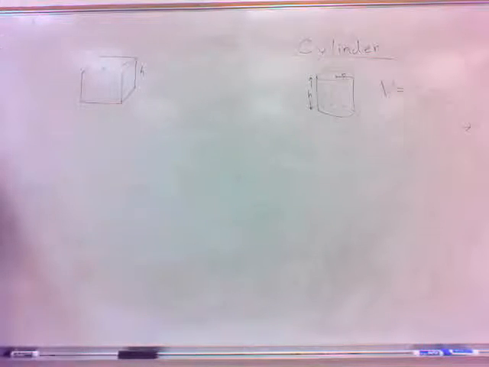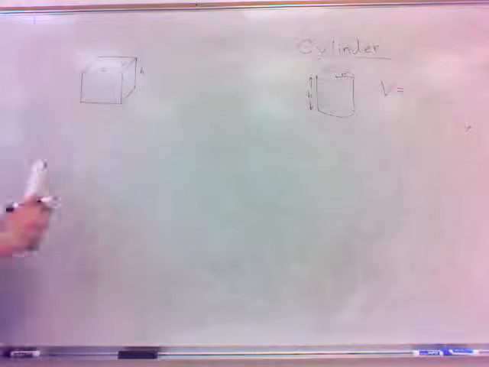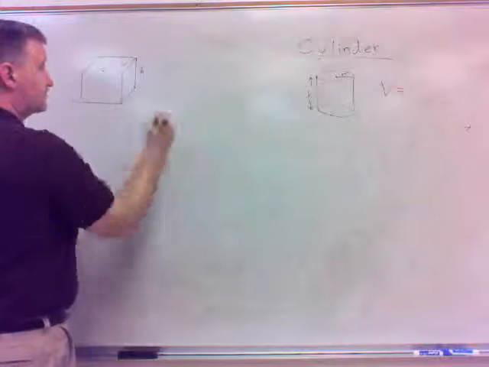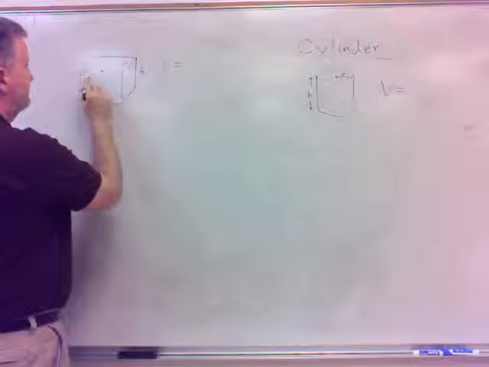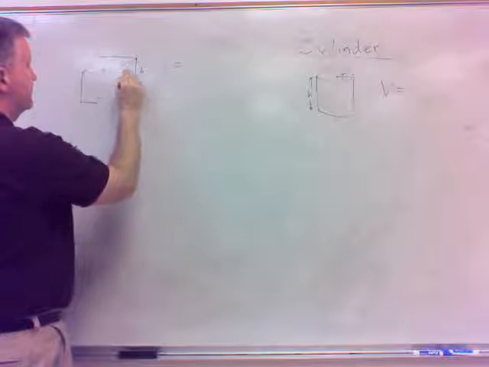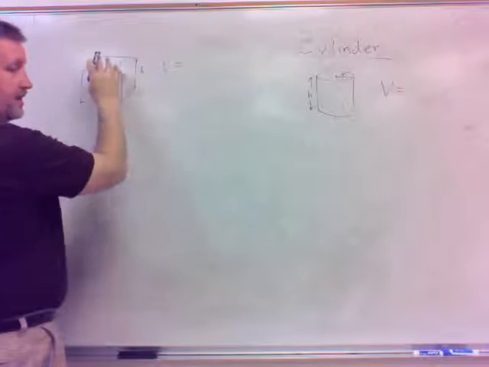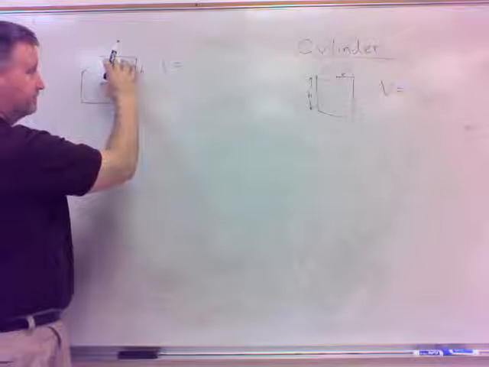Why do I mention that? Well, the volume formula is LWH for the box, but what I started with was the rectangle, which is LW, the area.